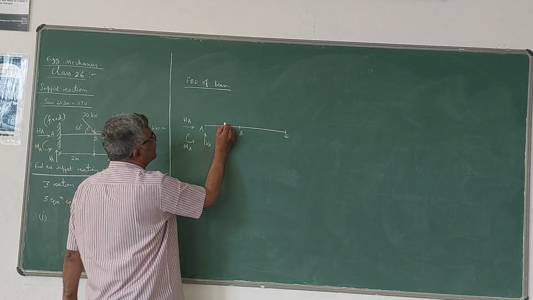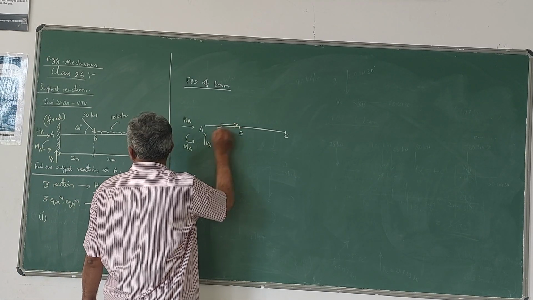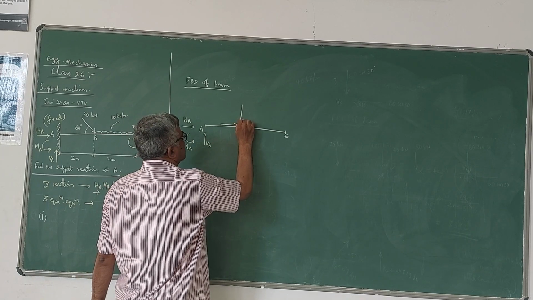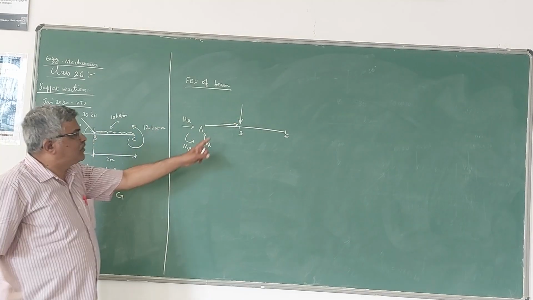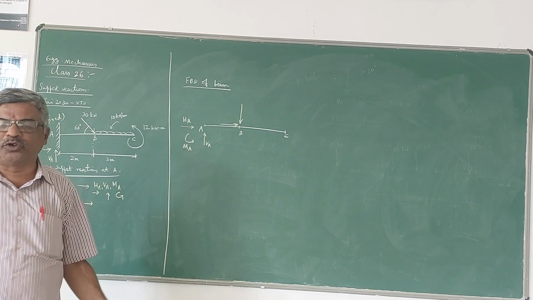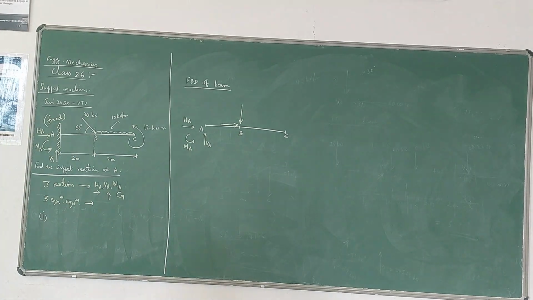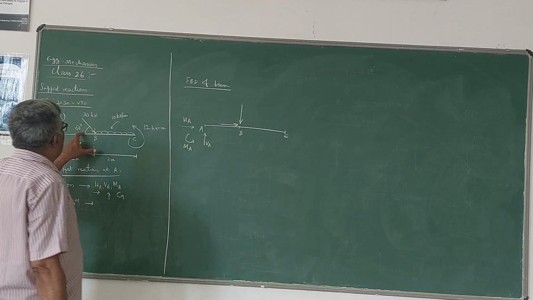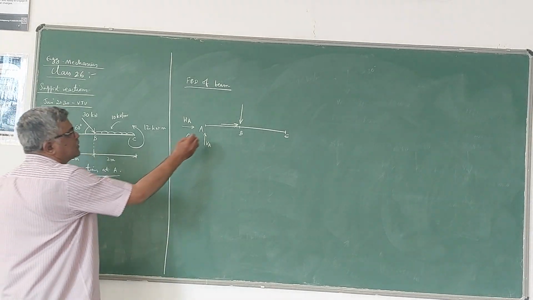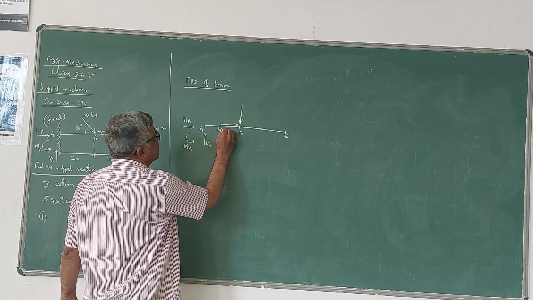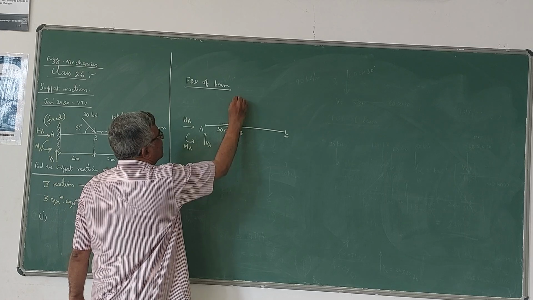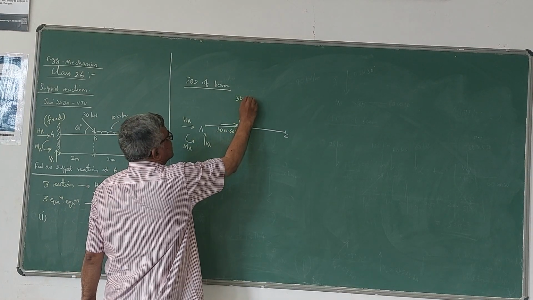So at B you have a horizontal component like this and a vertical component like this. Please note that the arrows of these two component forces should meet the arrow of the inclined force. Since 60 degrees is the angle with respect to horizontal, the horizontal load will be 30 cos 60 and the vertical load will be 30 sin 60.